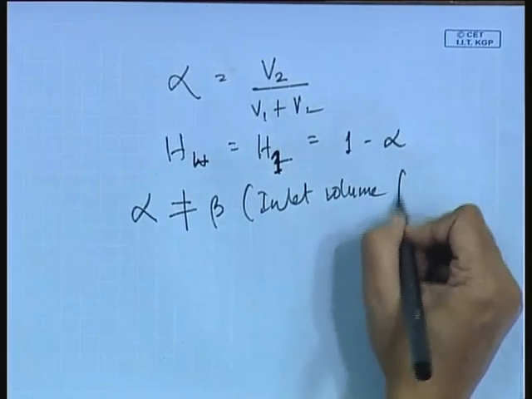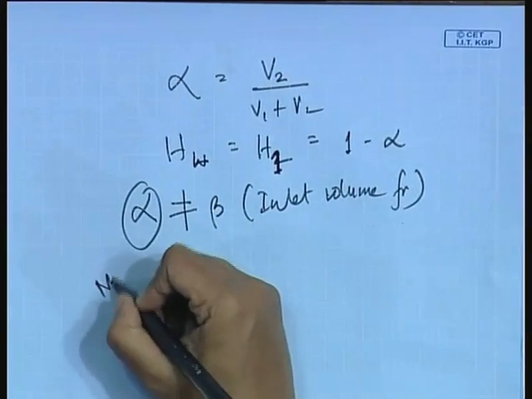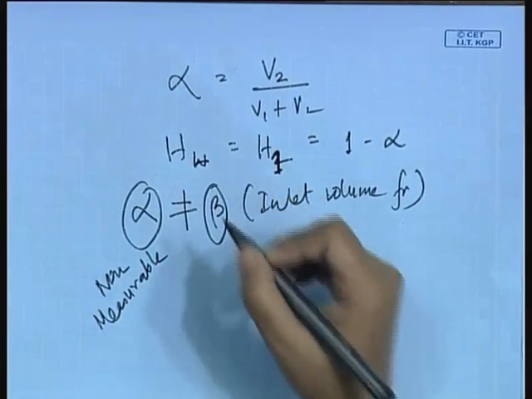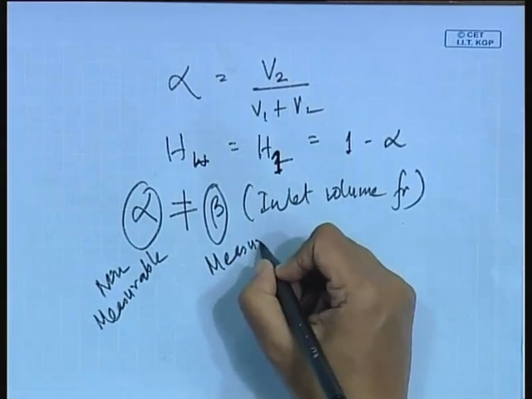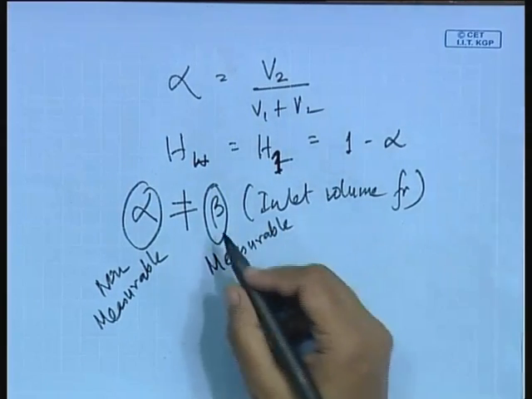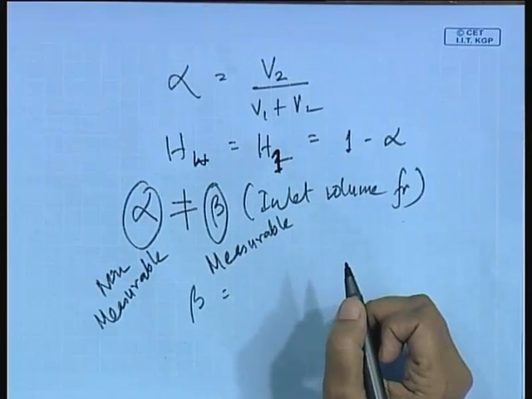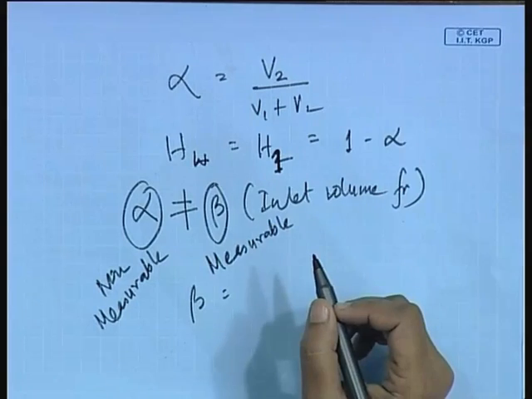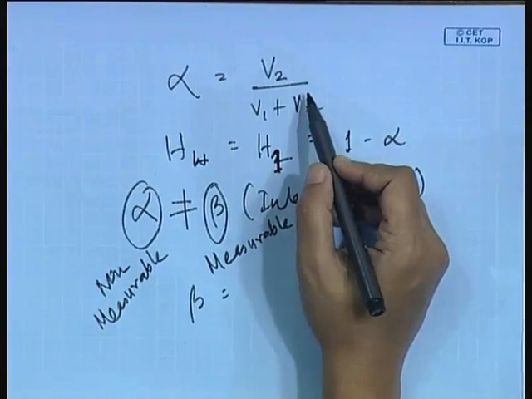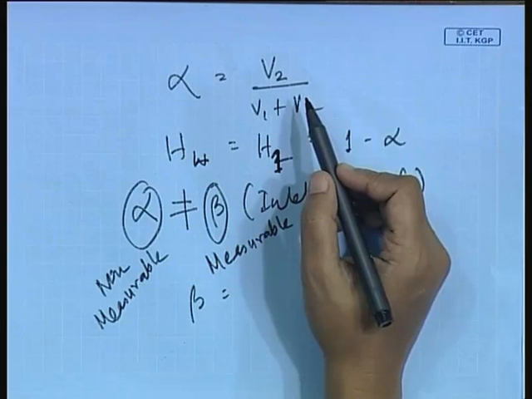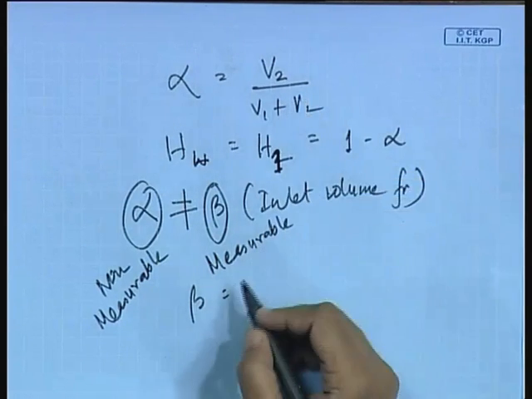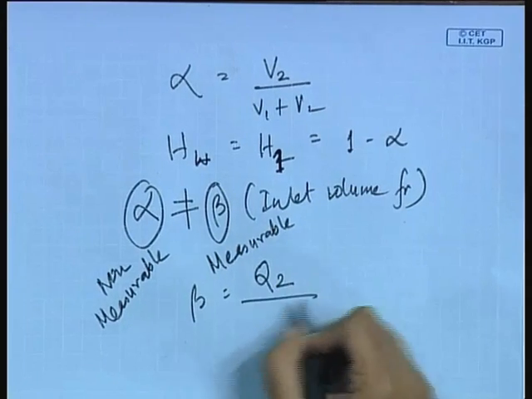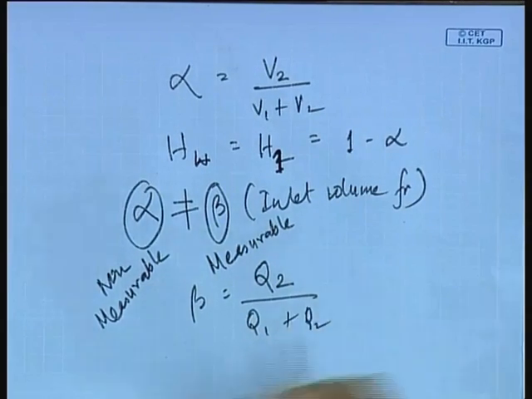So again, this is a non-measurable parameter, not under the control of the experimenter or the designer, but beta is very much a measurable parameter, and it is equal to the inlet volume fraction, which is naturally related to the volumetric flow rate, unlike alpha which is related to the in situ volume occupied by the two phases. So beta, in terms of volumetric flow rate, will be Q2 by Q1 plus Q2.